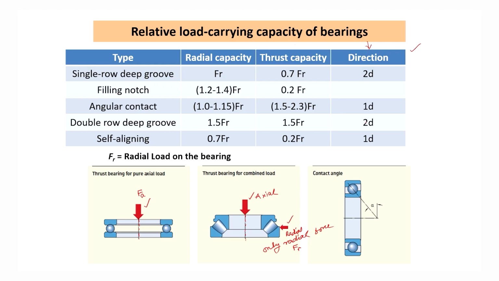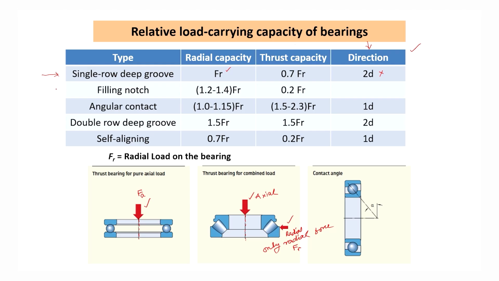For example, for the single row deep groove ball bearing, two directional load can be applied, but if the radial load is Fr, then the thrust load should be 0.7 of Fr. It means if the thrust load is 0.7 times Fr maximum, then we can use this deep groove ball bearing.